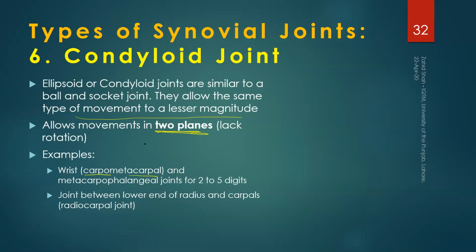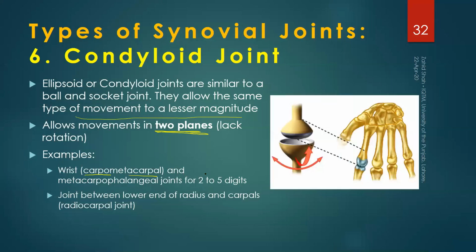The carpo-metacarpal joints, just like the thumb joint, are between the distal end of the carpals of your wrist and the proximal ends of the metacarpals for the rest of the four digits.